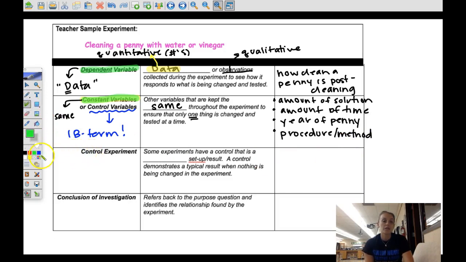Now, what students normally get confused by is the difference between control variables and a control experiment. And the key word here, guys, is a control experiment, that is typically a normal setup or result.